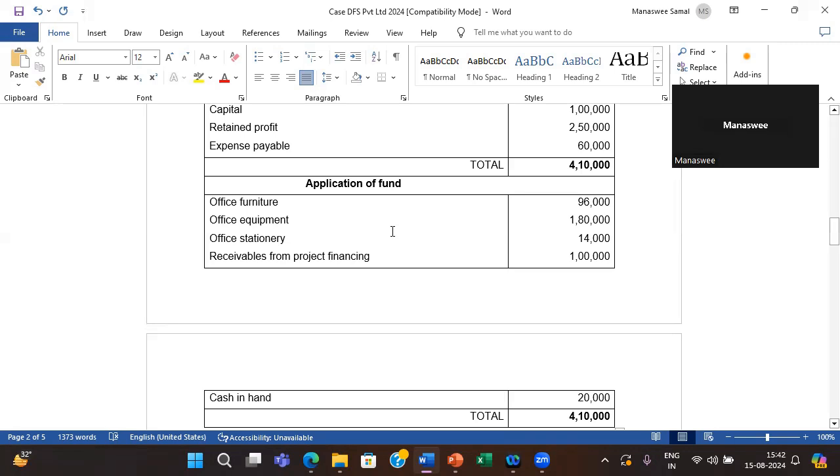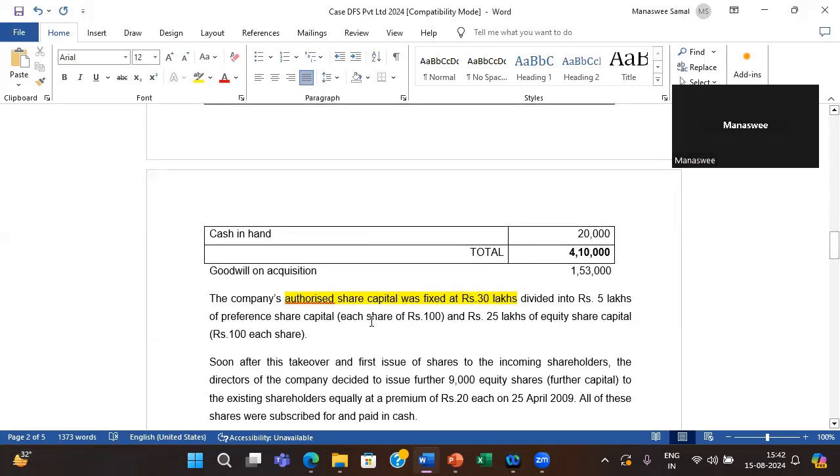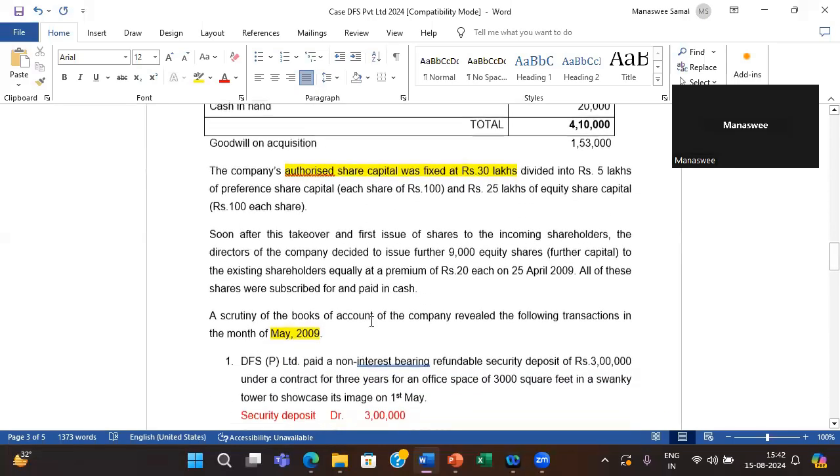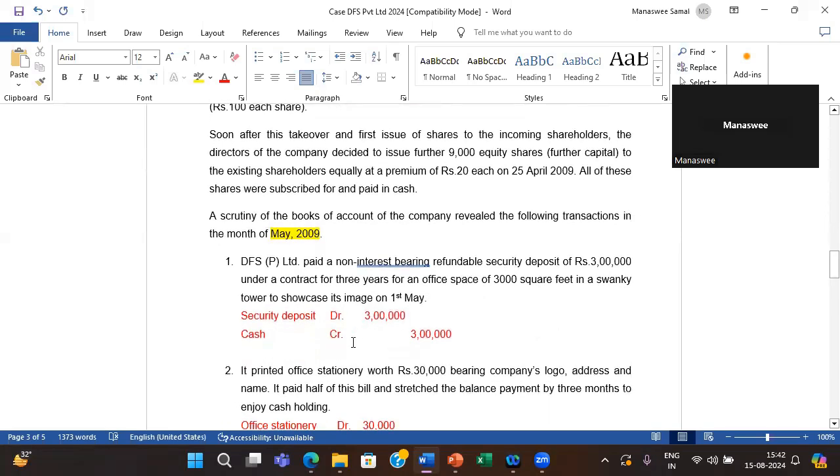And the company got promoted on 1st of April. But the question is, when did the company take the rented house? Because that would tell us from which date.